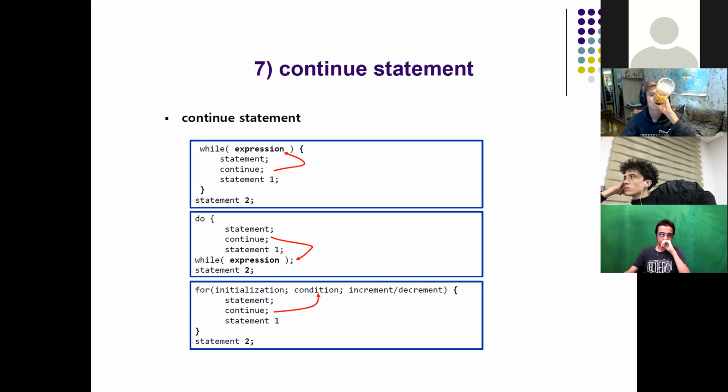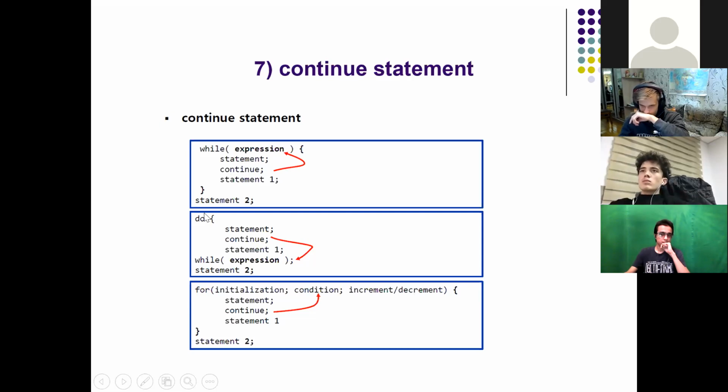If your condition matches, then it will run the continue statement. And when it runs the continue statement, it will not do the next statement after it. It will just skip it and then go to check the condition.